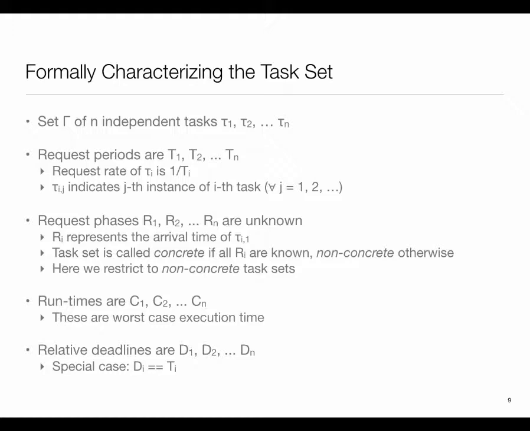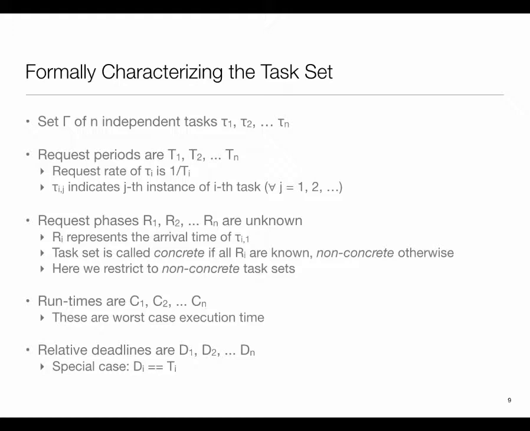If I knew them, the task set is called a concrete task set. If I don't know them, then it is called a non-concrete task set. Non-concrete means that my scheduler has to be prepared for any values of the phases to occur. It could be that the first copies of all the tasks come at the same time, right at boot up time, or they could arrive in a staggered fashion.